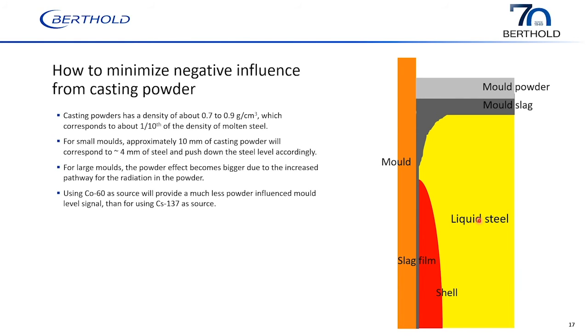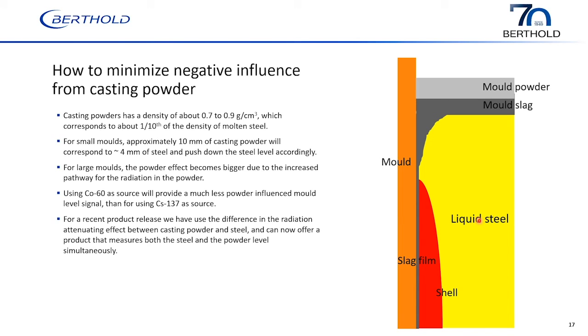And as I mentioned before, using cobalt-60 as a source will provide a much less powder-influenced mold level signal than using cesium-137 as source. For a recent product that we have released, we have used the difference in radiation attenuation between casting powder and steel, and we can now offer a product that can measure both the steel level and the powder level simultaneously.